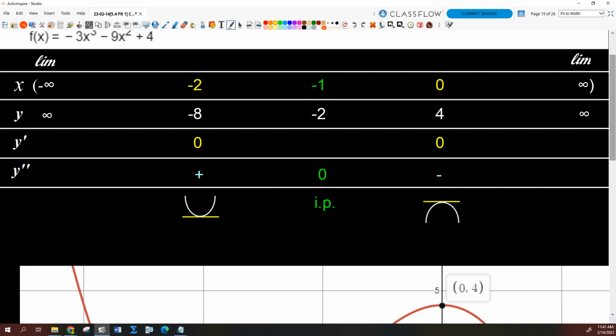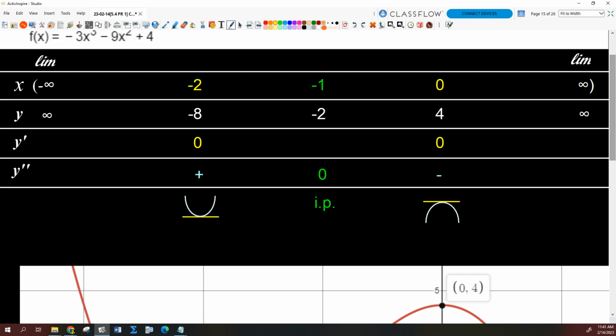We could rely on the first derivative test that we've been using, and I could pick test points surrounding negative 2 and 0, right? I could use negative 1 as a first derivative test point, because it's not a first derivative critical number. But if I use the first derivative test, I would still have to pick some value less than negative 2 and some value greater than 0.